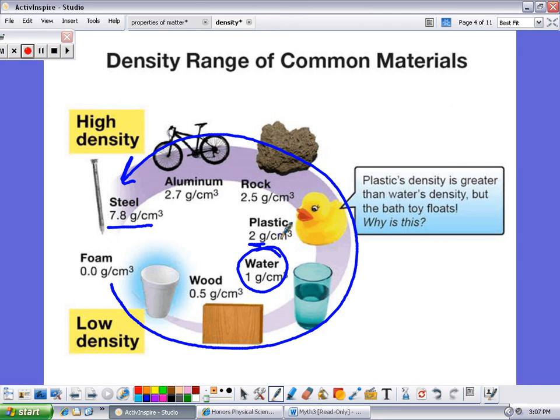But why does the bath toy float? This is the same reason a steel ship can float.